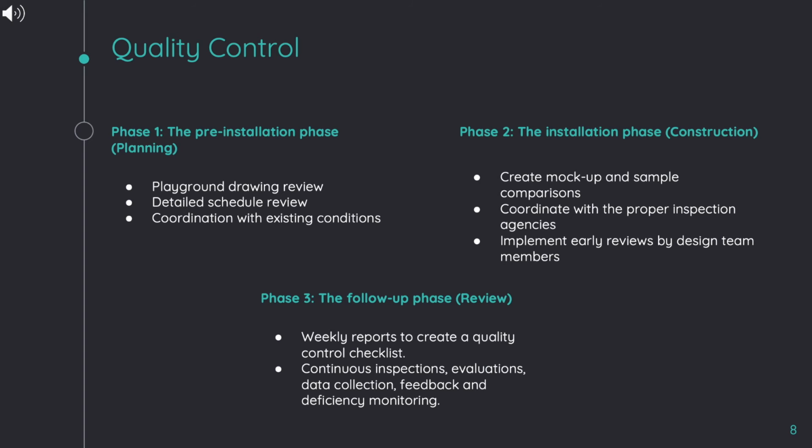We use this weekly report to create a quality control checklist to record and document the progress and compliance of the work put in place. To ensure that the implementation is done in a correct way, we will apply continuous inspection, evaluation, data collection, feedback, and deficiency monitoring.